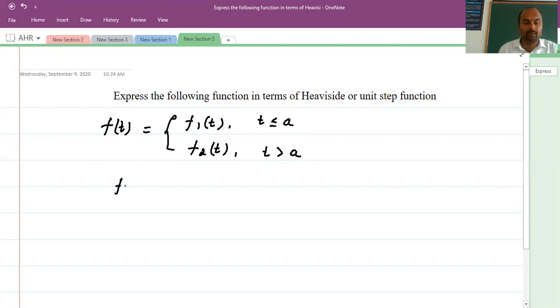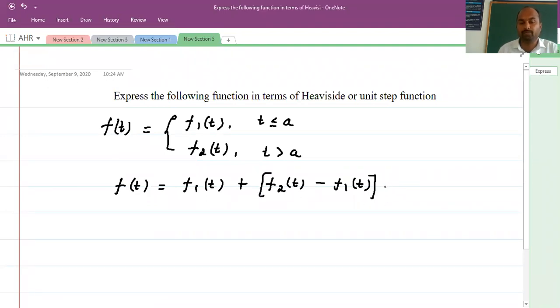So then this function can be expressed as f of t is equal to f1 of t plus f2 of t minus f1 of t into u of t minus a.